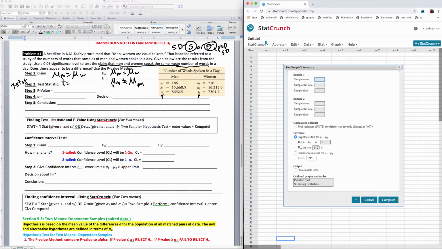Same thing here. I'm going to put the men's data in first. Sample mean would be this number here. Sample standard deviation would be 8632.